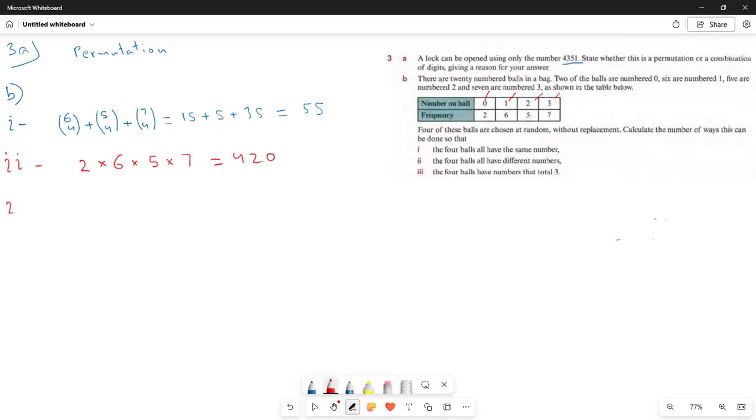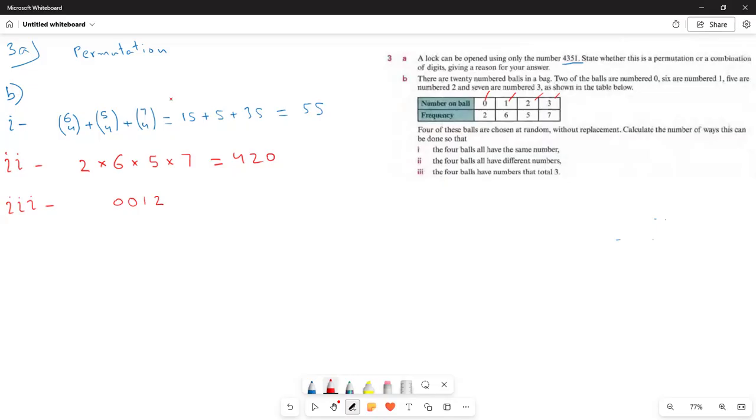And the third part: the four balls have numbers such that they total three. How many ways can I have four balls such that the numbers written on them have a total of three? If I get one ball with zero, a second ball with zero, a third ball with one, and a fourth ball with two, then the total is three.